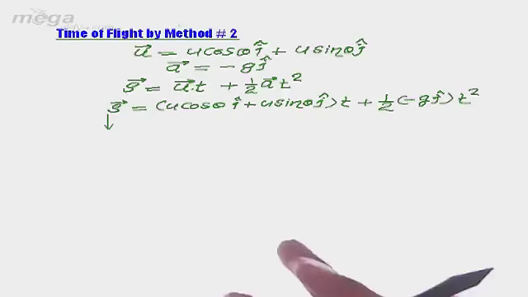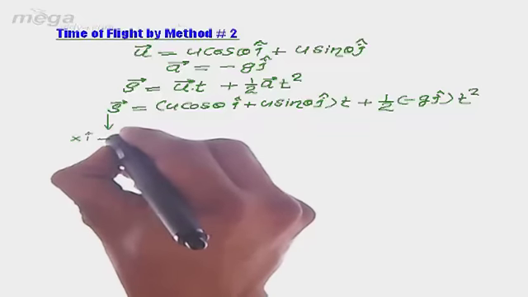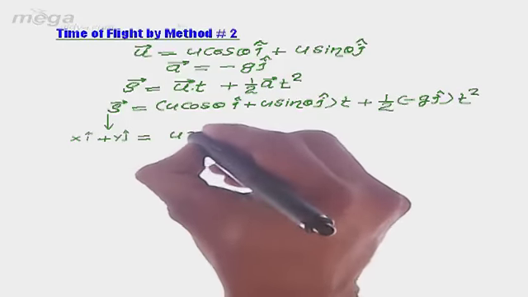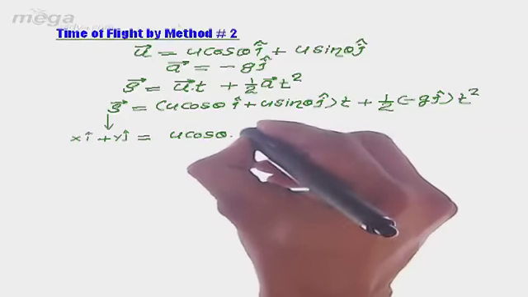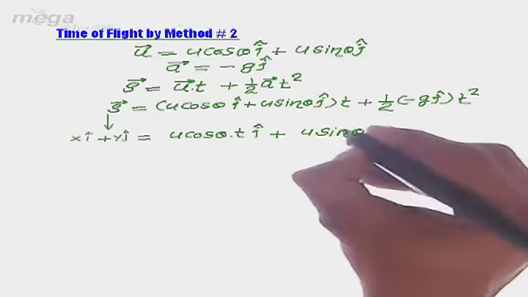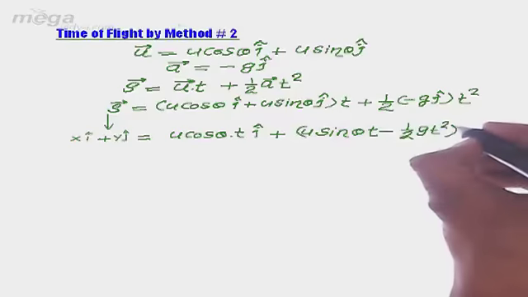So obviously this displacement will consist of an x displacement and a y displacement. So I am taking this as x i cap plus y j cap. So x i cap plus y j cap becomes equal to u cos theta t i cap plus (u sin theta t minus half g t squared) j cap.